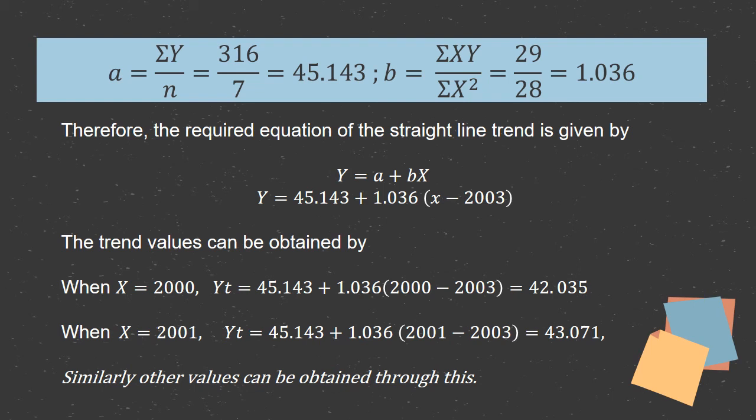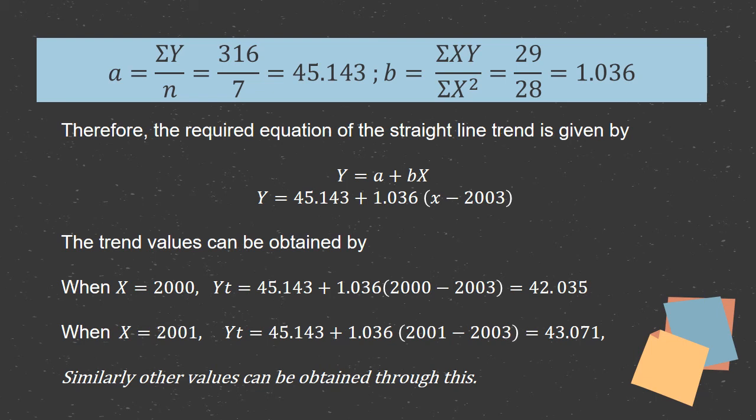For b, we have summation of xy over summation of x squared, 29 over 28, which is equal to 1.036. Therefore, the required equation of the straight line trend is y = a + bx, so y = 45.143 + 1.036 (x minus 2003).